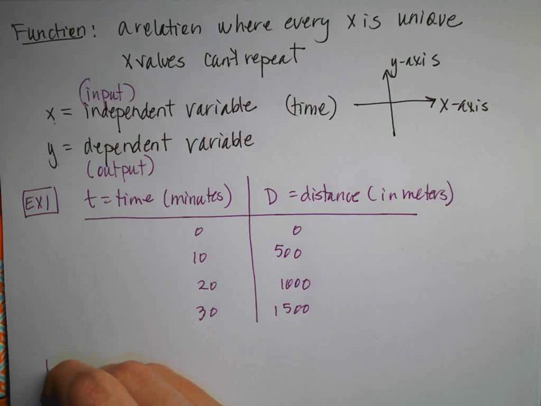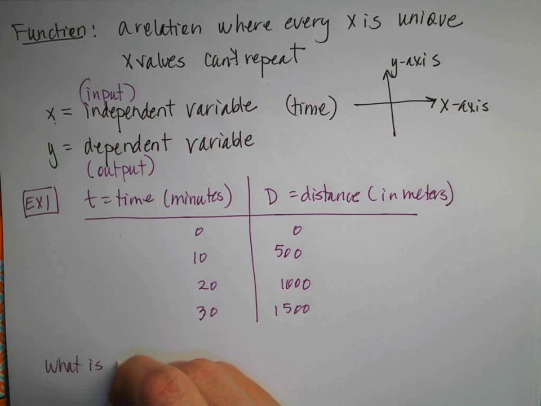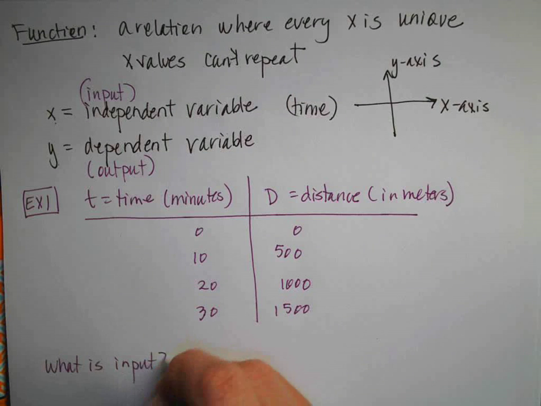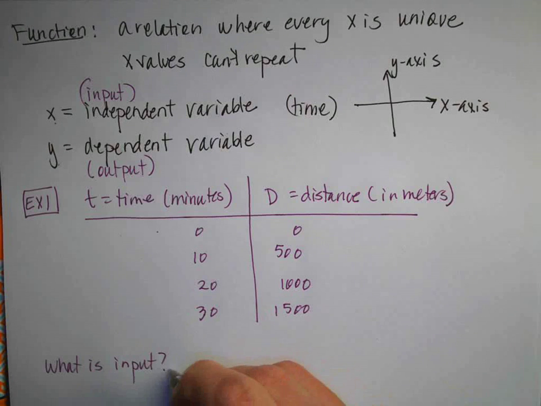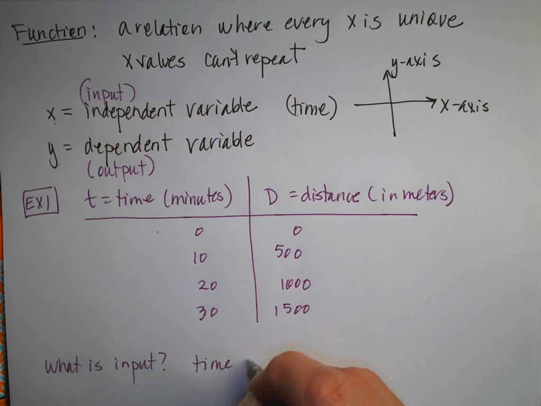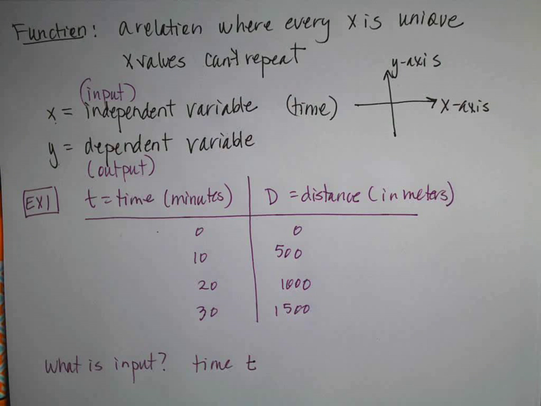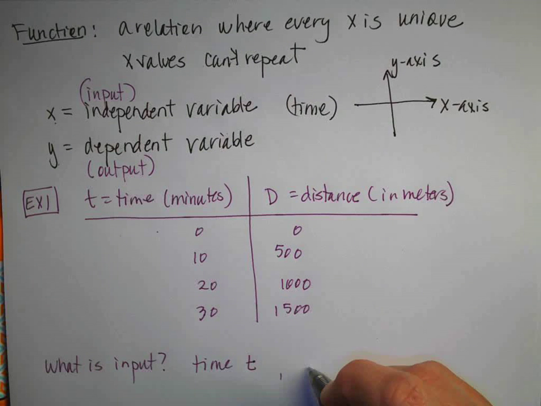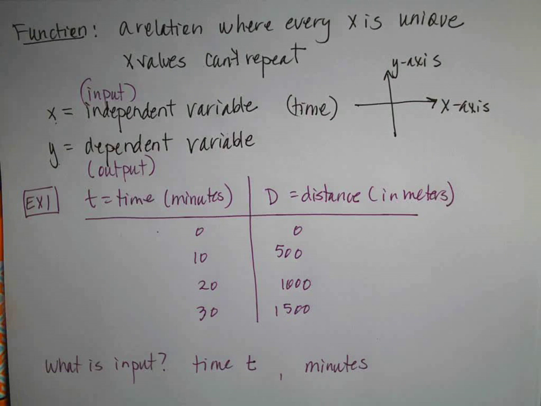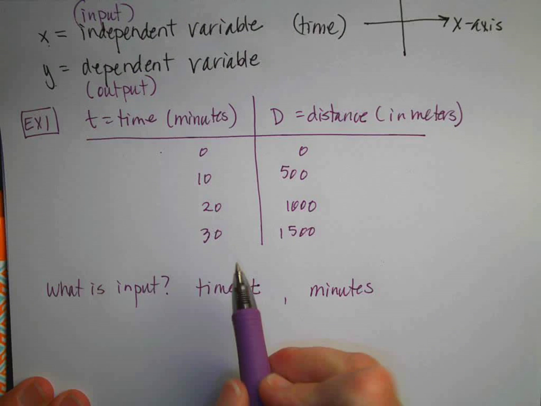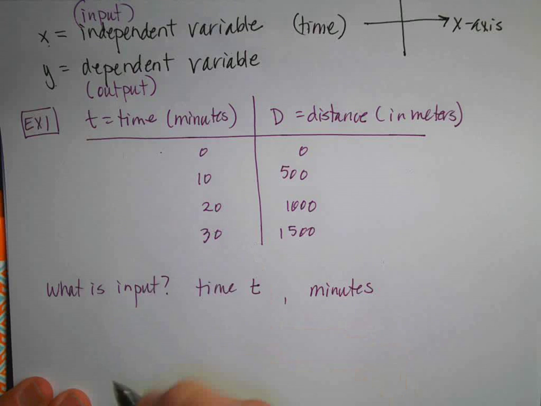So that means then, if I want to know what is the input, well, because this is the independent variable, because I can't change time, then my input is going to be time, or t, and then the units are going to be minutes. And most of this information is usually given. You just have to read it from the table that's given.